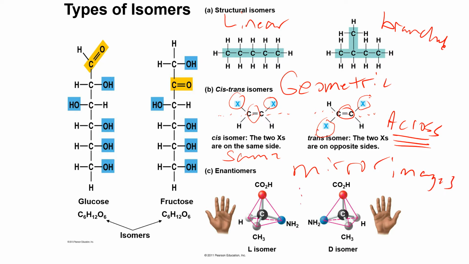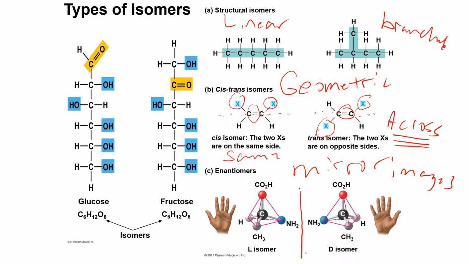So you can basically draw a mirror down the middle of this. And they're mirror images, so they're kind of like your left and your right hand. Your left and your right hand are mirror images of one another.